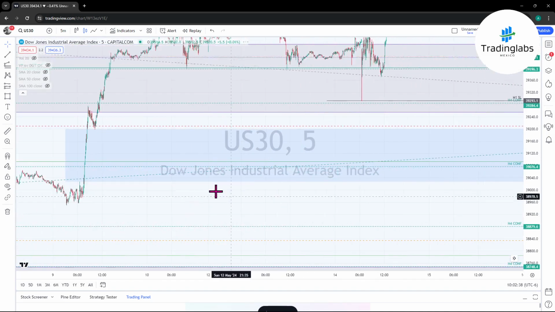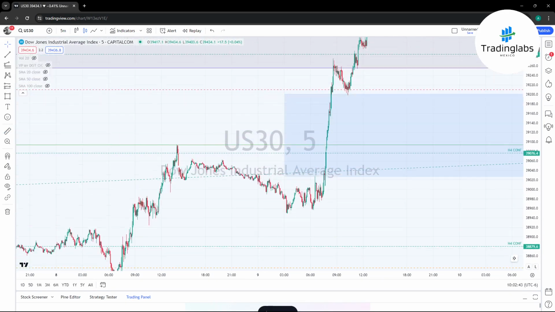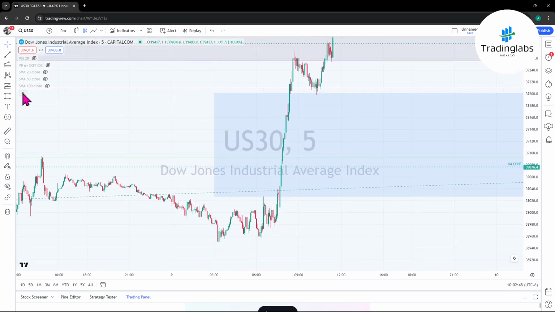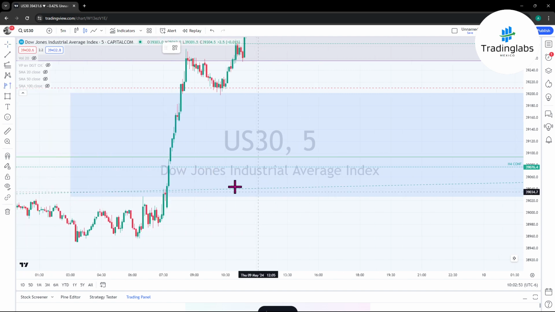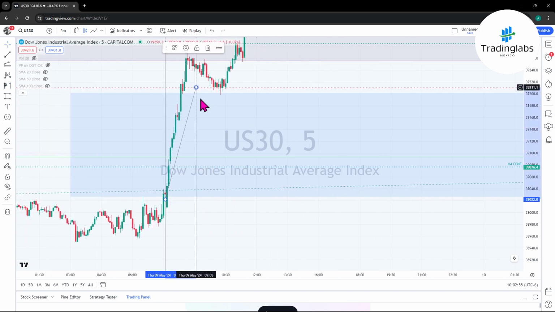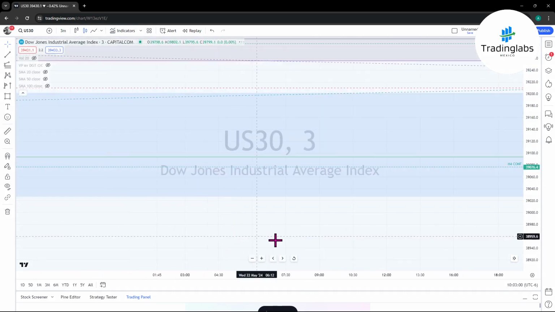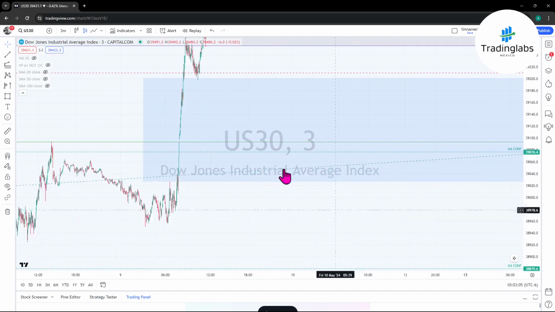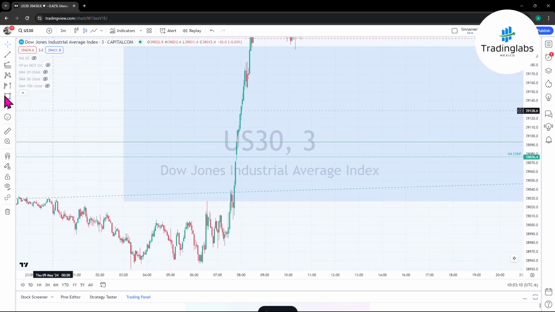We are in the M5. In order to mark the fair value gaps very well, I use this tool, fixed range volume profile, from this high. Sorry, on M3, a smaller time frame, to be more precise about where the fair value gaps are.